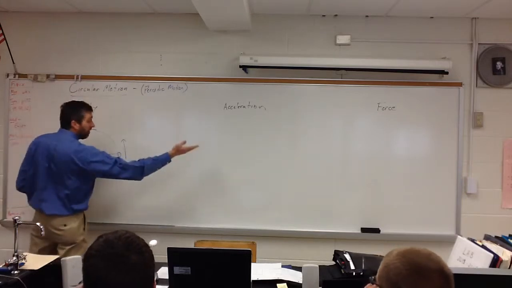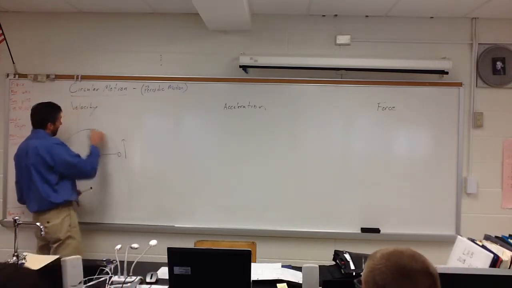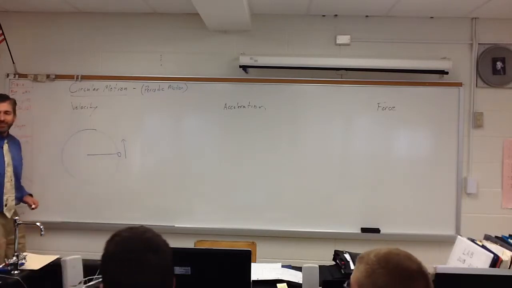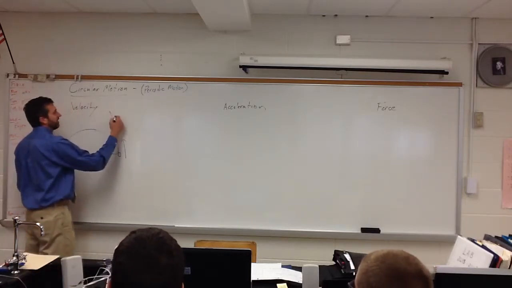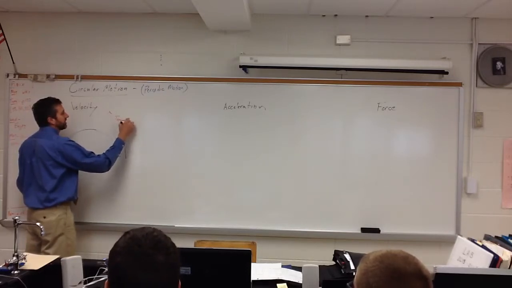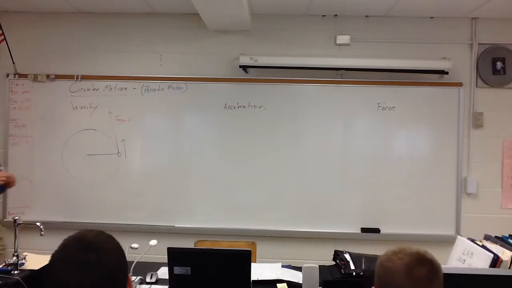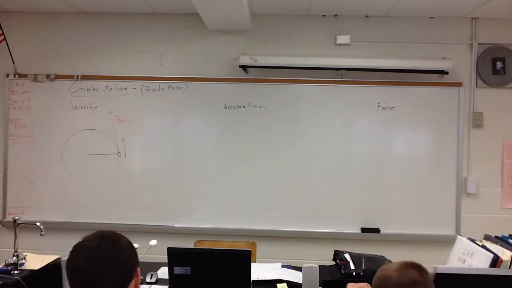Does it go out, or out, or out? It actually goes tangent to the circle at the point that the string breaks. It will continue in a straight line tangent from where it was released.